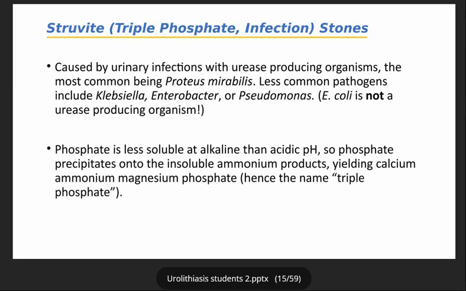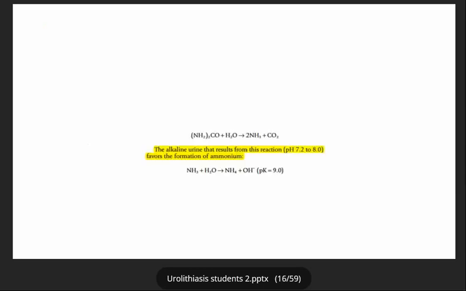And one of the contents of struvite stone is phosphate, and phosphate is less soluble at alkaline pH. So you have to acidify the urine to make this stone more soluble. And basically what the organism does, it produces urease, which converts the urea to ammonia.